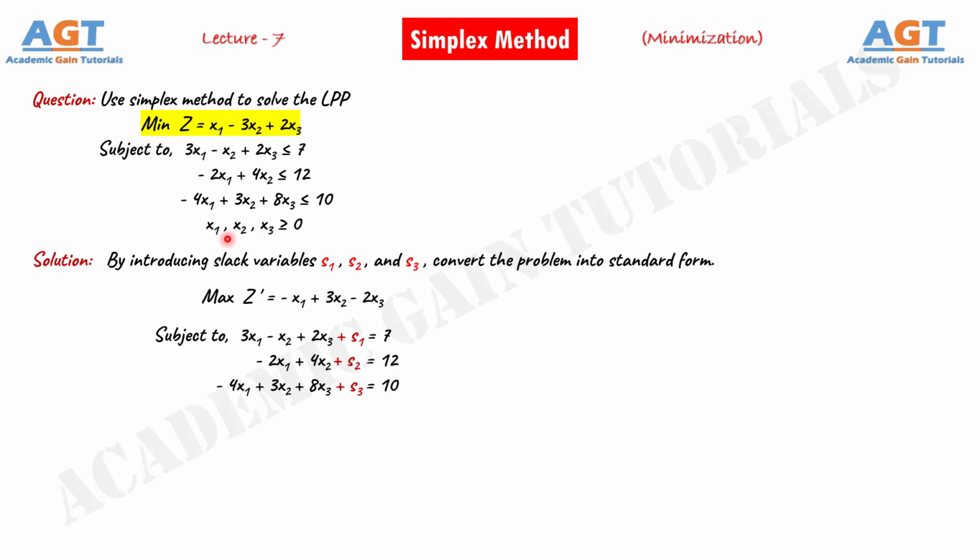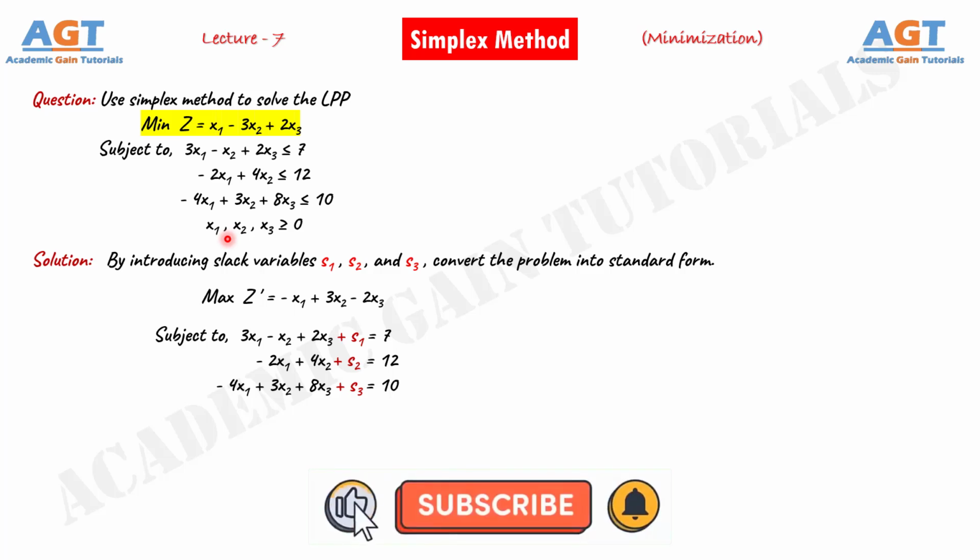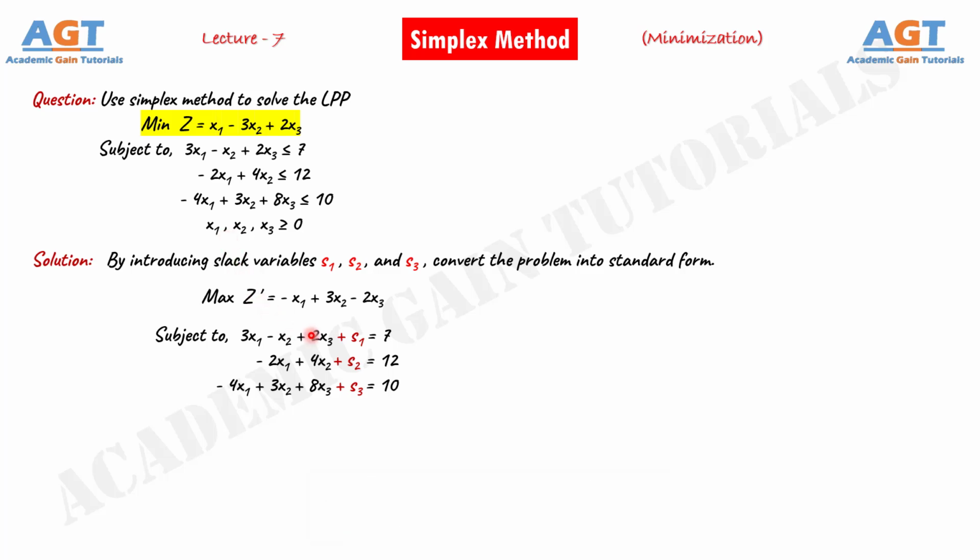Earlier, we explained in details with example to convert from general form to standard form step by step in lecture number 5. Now, since we have introduced the slack variables S1, S2, and S3 in our equations, we also have to write S1, S2, and S3 in the objective function over here. So, in the objective function we add 0s1 plus 0s2 plus 0s3.